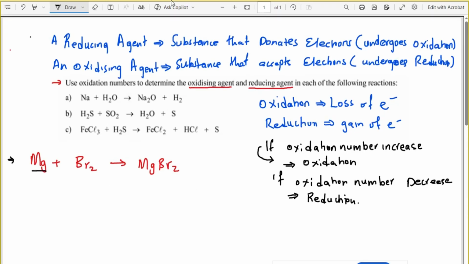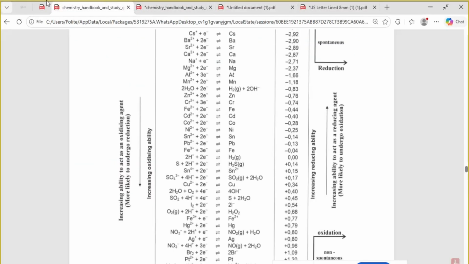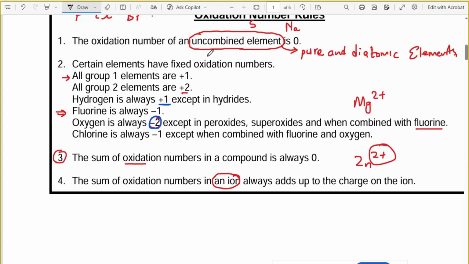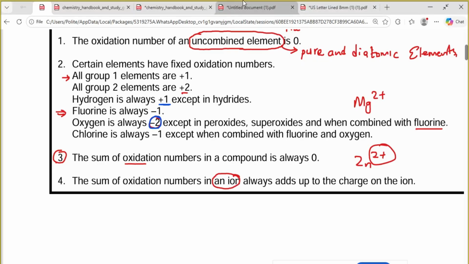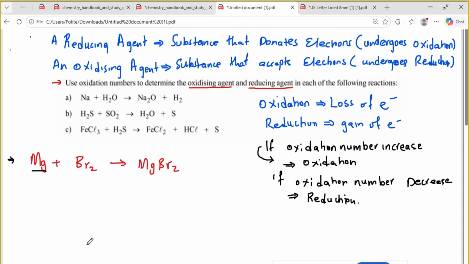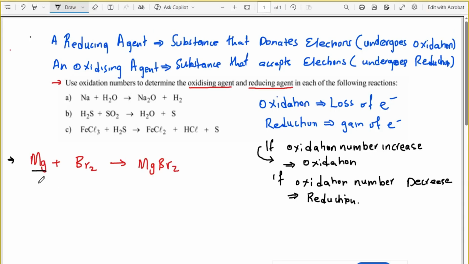Now, remember, the rule said that the oxidation number of an uncombined element is 0. It's a pure and a diatomic element. It's a pure element, and when we say it's a pure element, you can see that Mg is on its own.